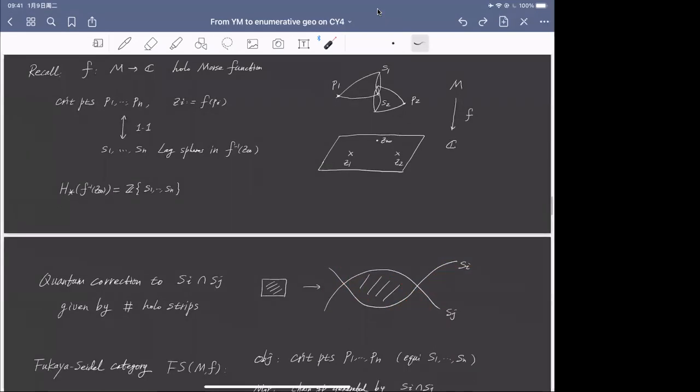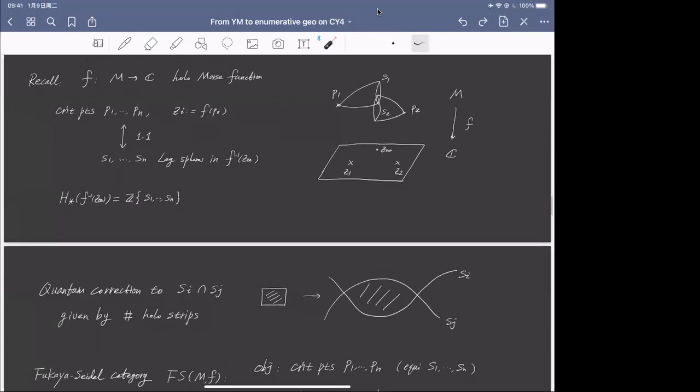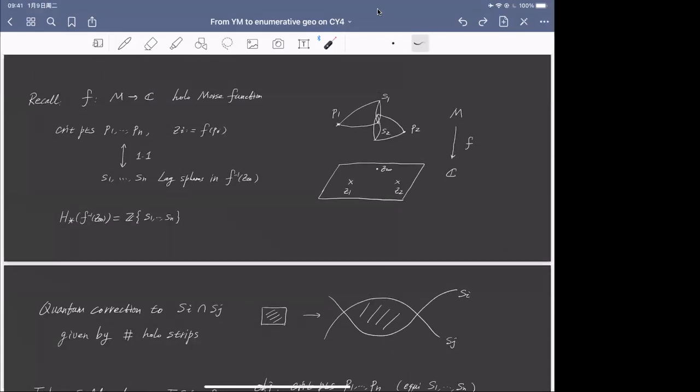So then definitely it's interesting to study the classical intersection theory, but modern mathematical physics says that we should look at the so-called quantum corrections, which fits into the story of the so-called Fukaya category. So basically, we want to consider the count of holomorphic strips, something like this.